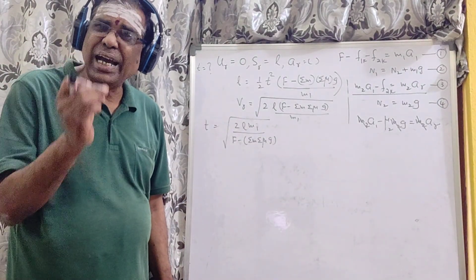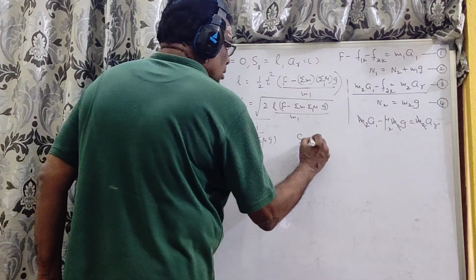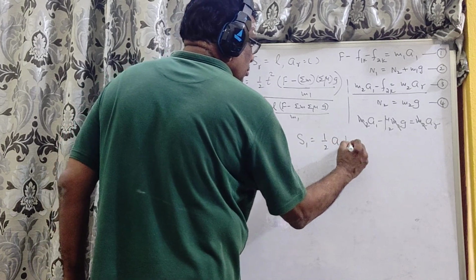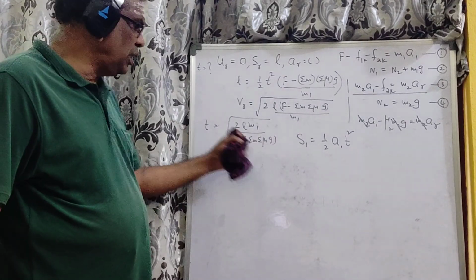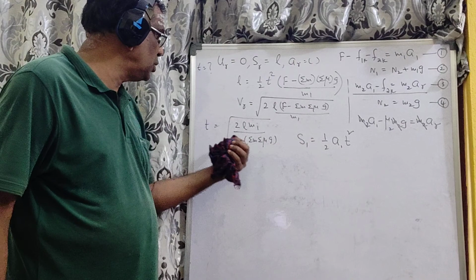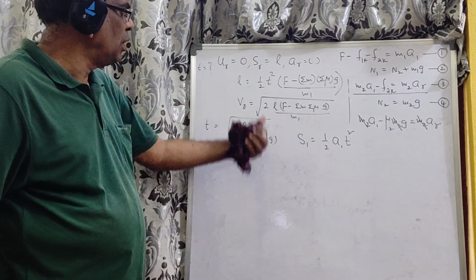Now, what is the actual displacement of the lower body? Half A1 T square. T square, you substitute all this. A1, you have it with you.